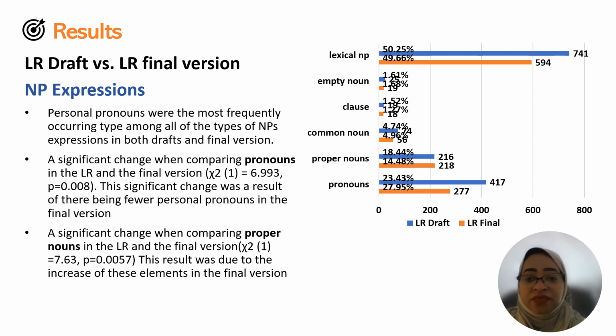When comparing the differences in the noun phrase expressions between the literature review draft and the literature review final version, first it was found that pronouns decreased significantly in the final version, which might be a good sign for effective revision. Another important finding showed that the use of proper nouns increased significantly in the final version.